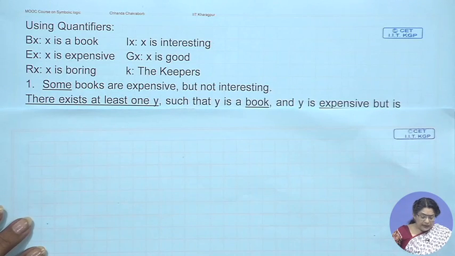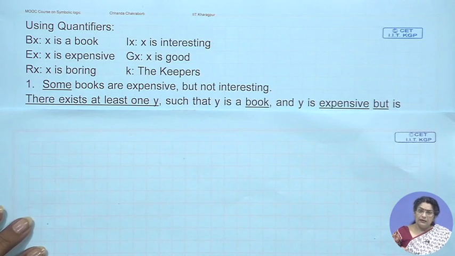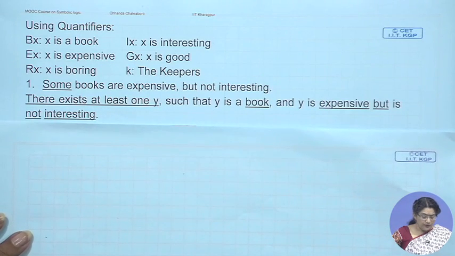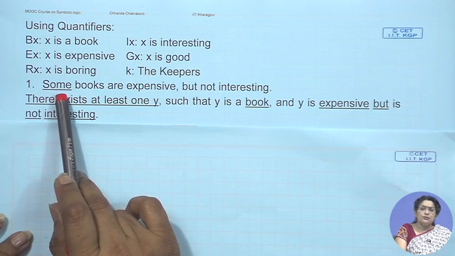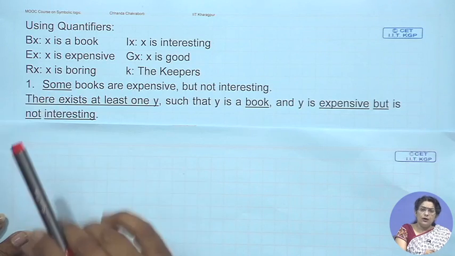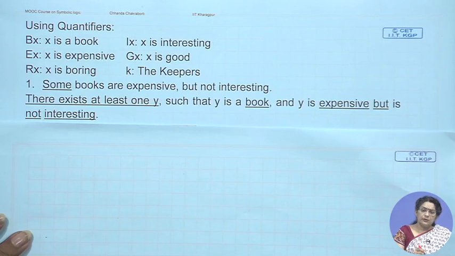We are going to read it now like the predicate logic wants us to. So, how am I going to read that? This means there exists at least one x or one y or one z, any variable of your choice.